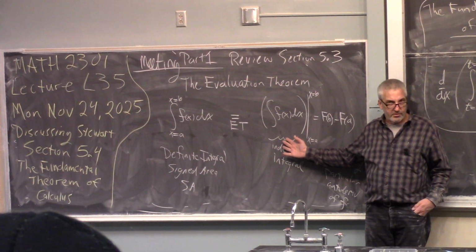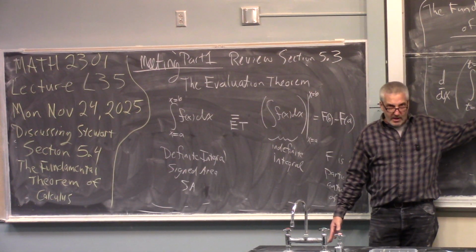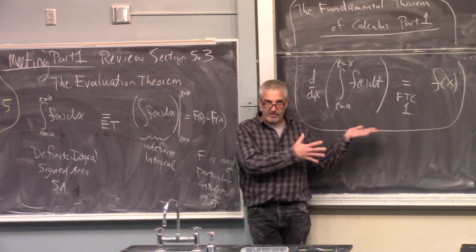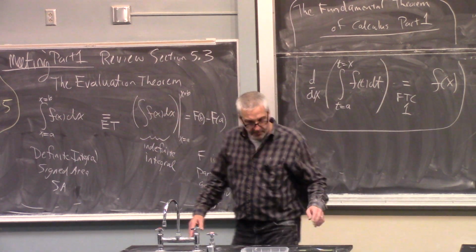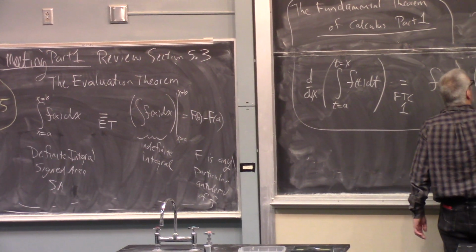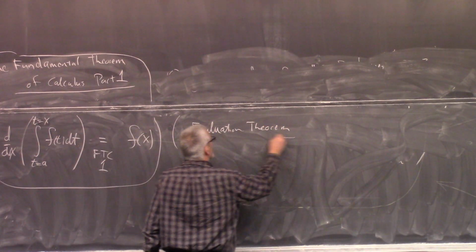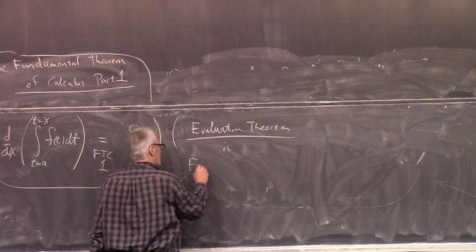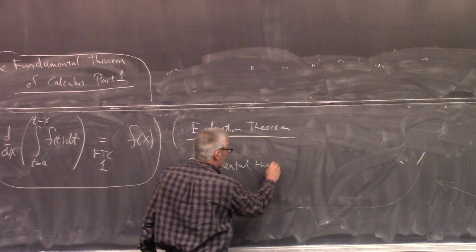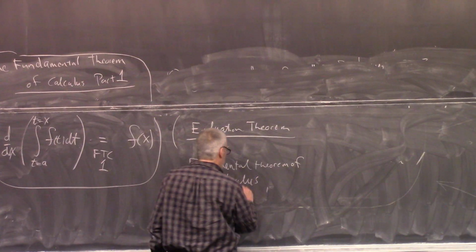It's possible to do it as our book does it, where you discuss the evaluation theorem first, and then you discuss this thing. I think historically, this was the thing that was done first. So the fundamental theorem of calculus, and then this is second. So the evaluation theorem is the fundamental theorem of calculus part 2.